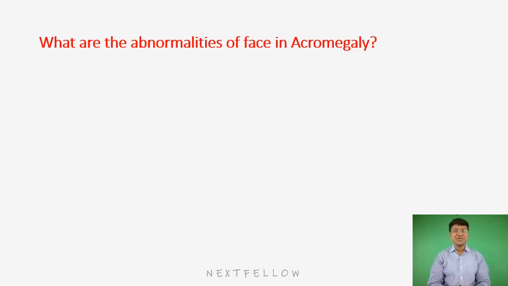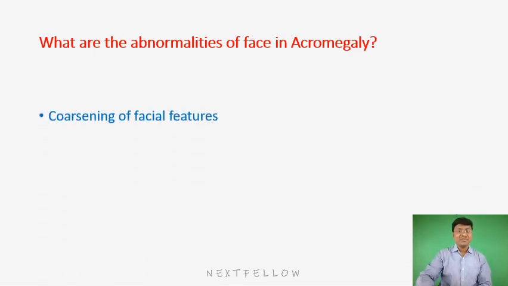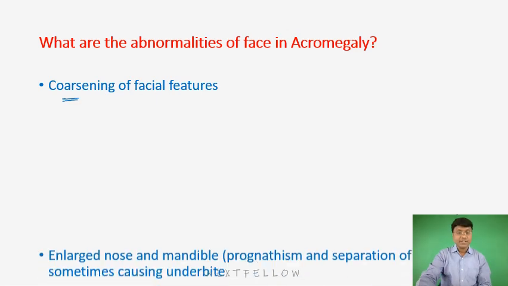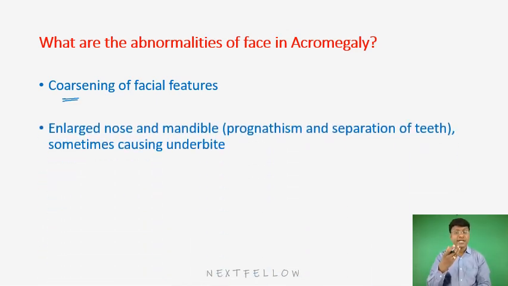Now, what are the abnormalities of the face in acromegaly? There will be coarsening of the facial features, and the presence of a broad, enlarged nose. If you observe the mandible, there will be protrusion of the mandible forward, and that we call prognathism.